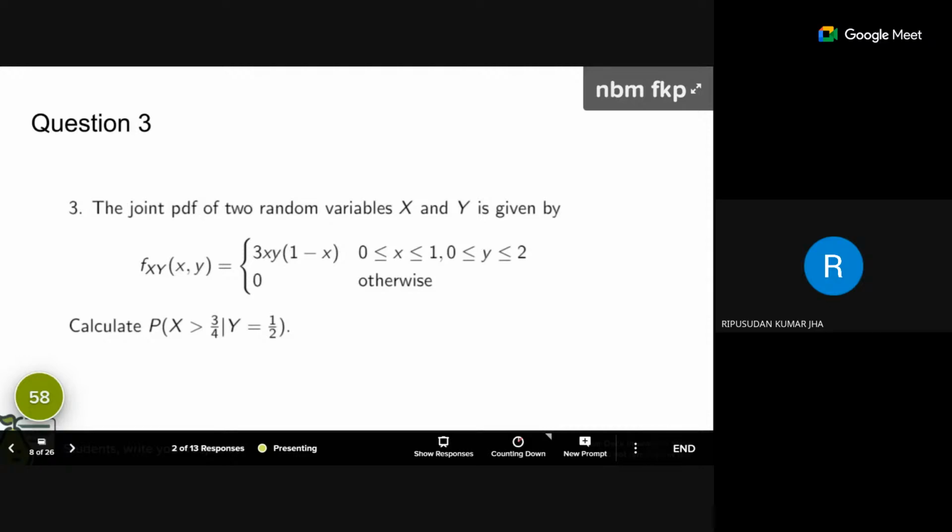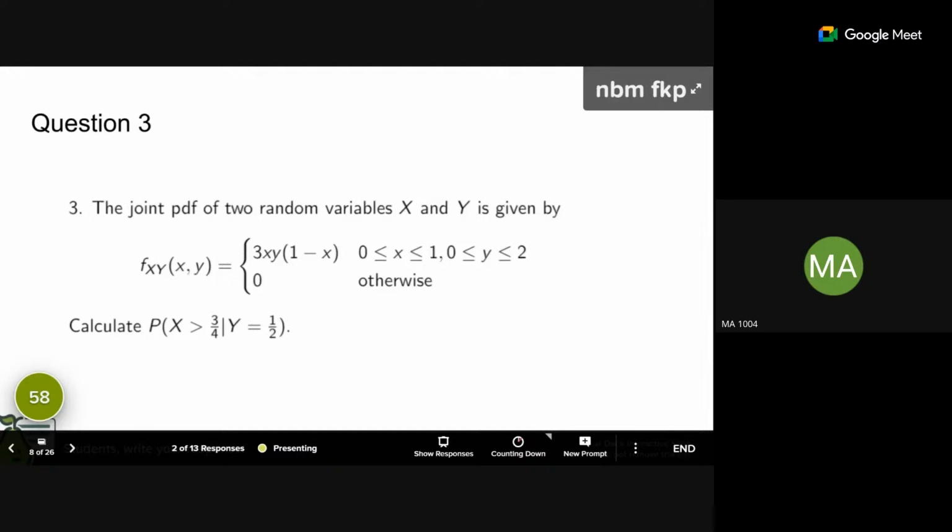Ma'am, for calculating the joint, what will be the range of Y? 1 upon 2 to infinity. Range of Y for calculating the joint. No, Y will take the value at 1/2, right? Yes, ma'am. We'll put the value of Y in the given equation. Integrate over 3 upon 4 to infinity for joint, right, ma'am?